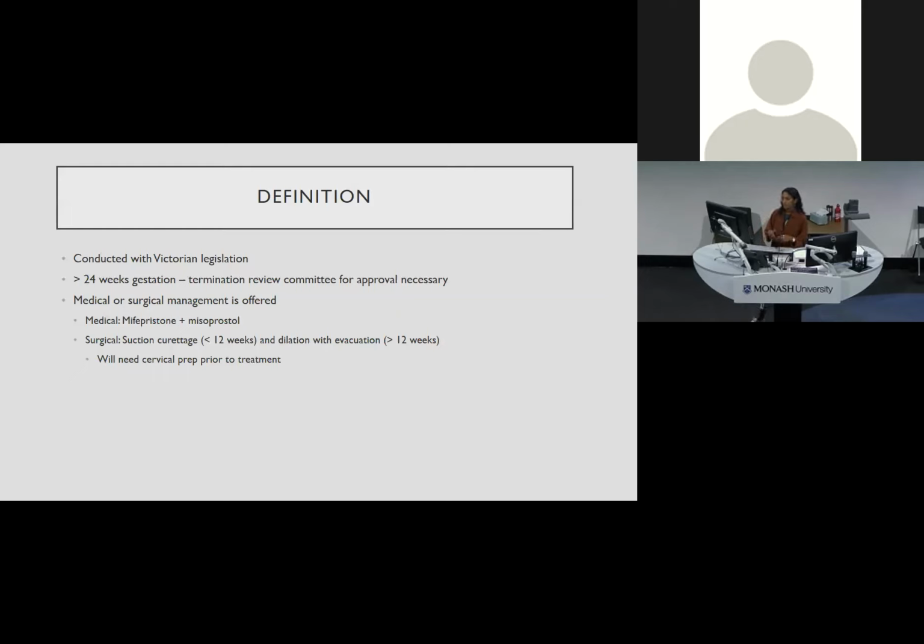In addition to thinking about the medical or surgical method for termination, you also need to counsel regarding unprotected sex. So depending on what's happened that's led them to having a termination, you need to assess whether they're at risk of STIs. Do you need to do swabs, urine tests? Do you need to do serology for HIV, hepatitis?